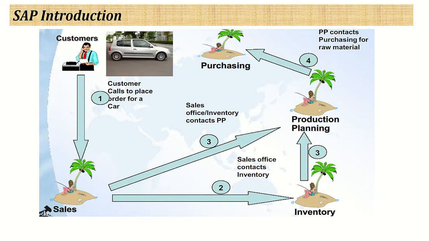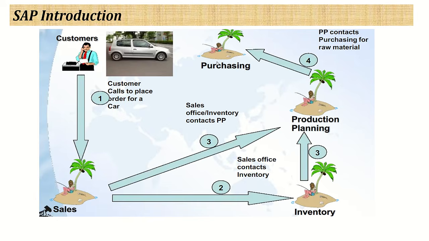And here also, suppose there is no inventory and no production going on. So there is a concept called MRP, Material Requirements Planning. For any product, if there is no inventory and no production going on, through MRP the system generates the requirement for all the raw material or the finished good products which are required to manufacture that end product.